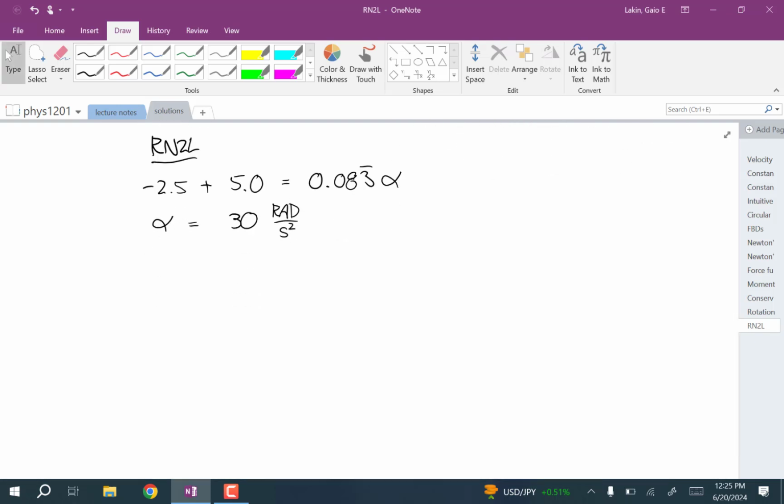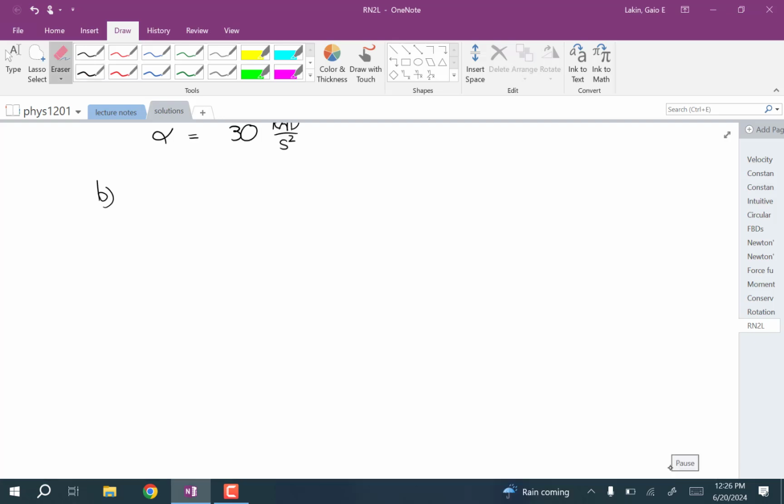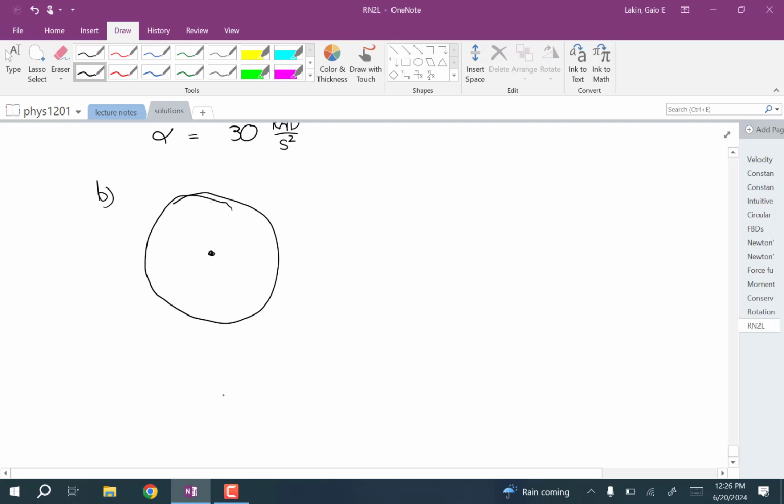So now we're going to a circular motion problem. Okay, so here, we're doing a circular motion thing now. This is the beam, and we're analyzing the motion of the center of the beam. We know that the angular velocity is this way.